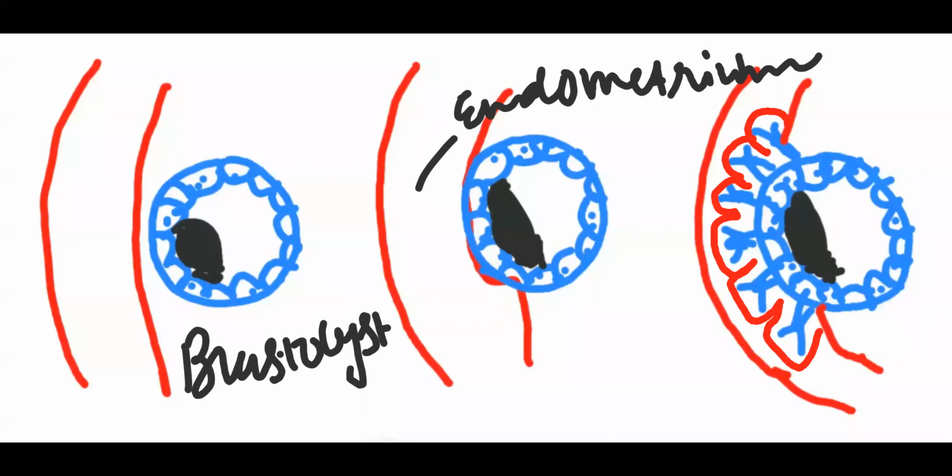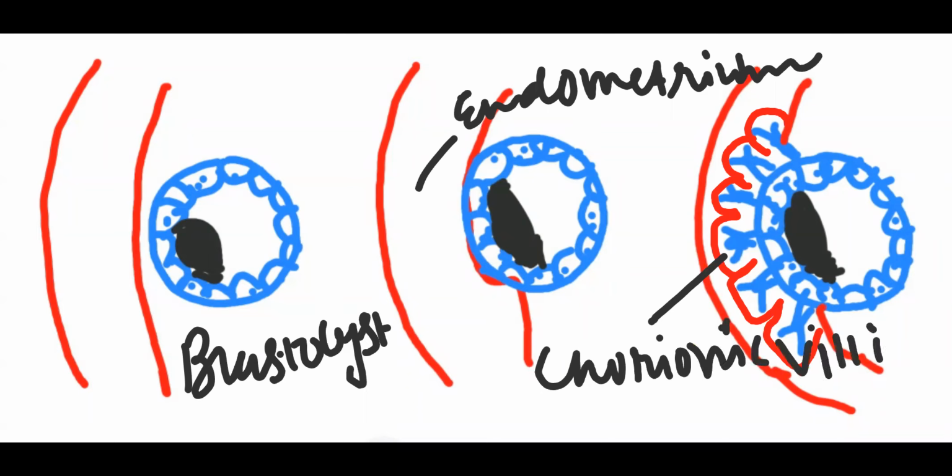These structures are called chorionic villi. These projections coming from the trophoblast layer, named chorionic villi, penetrate into the wall of the uterus, the endometrium part over there.